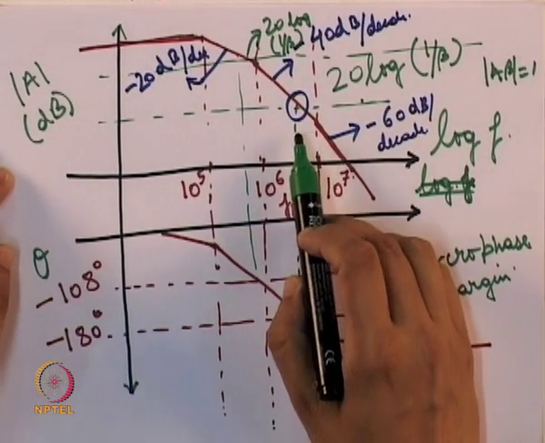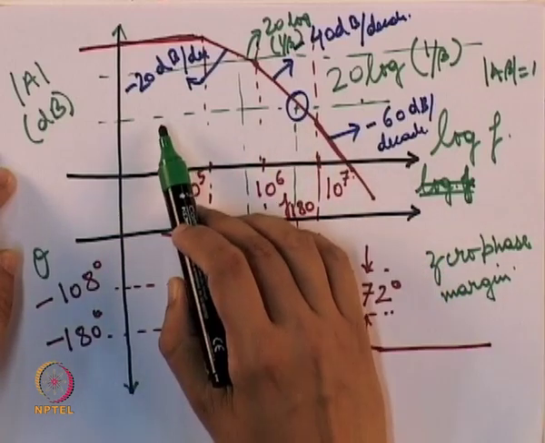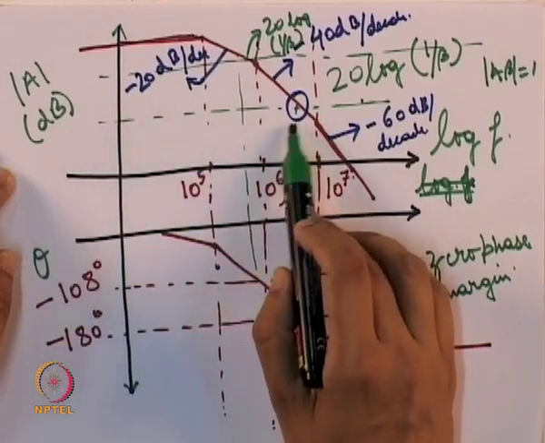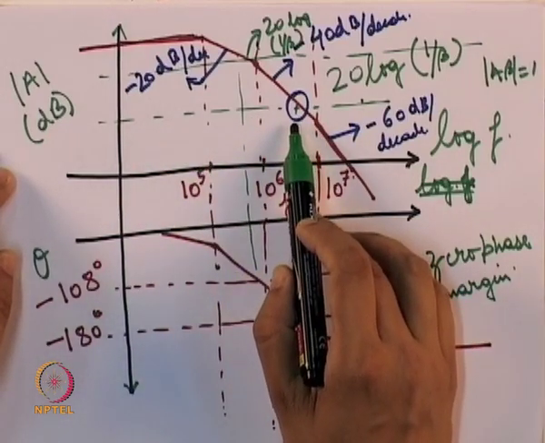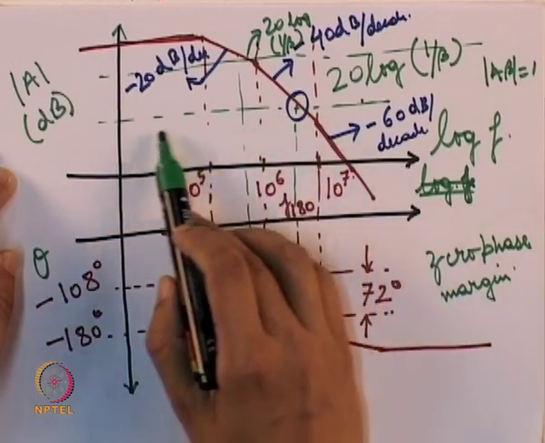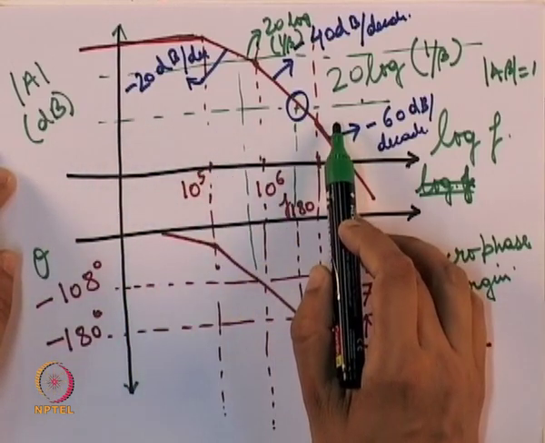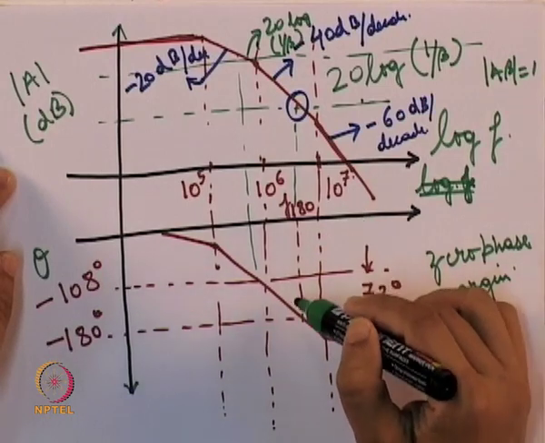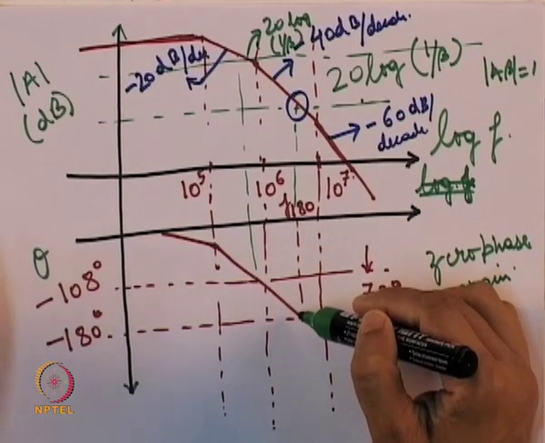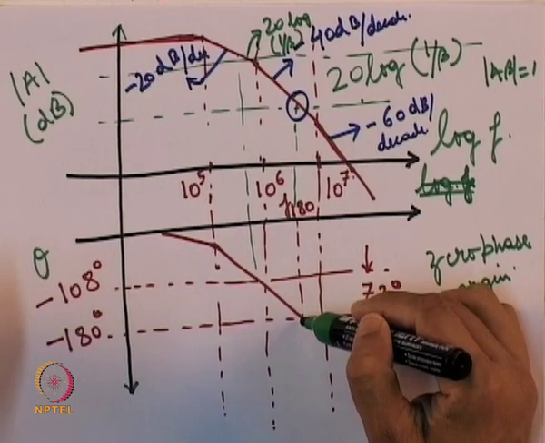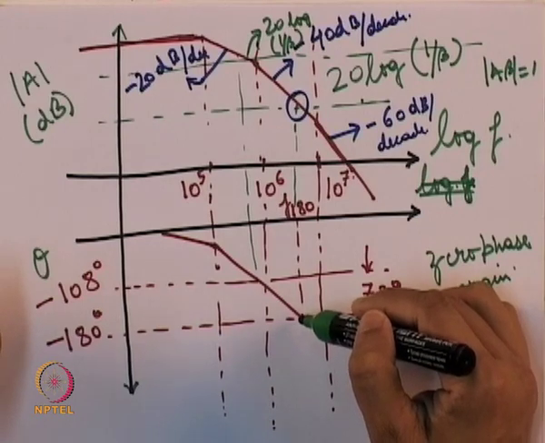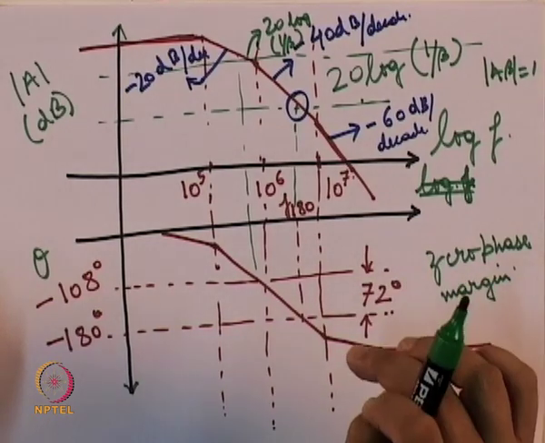However, that is not the case here. When your feedback network is such that it is passing through the minus 40 dB per decade region, there is a possibility that the phase can exceed minus 180 degree, and hence the system can become unstable.